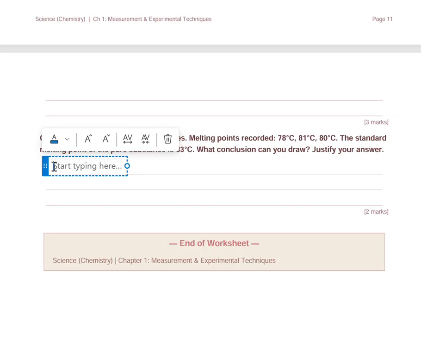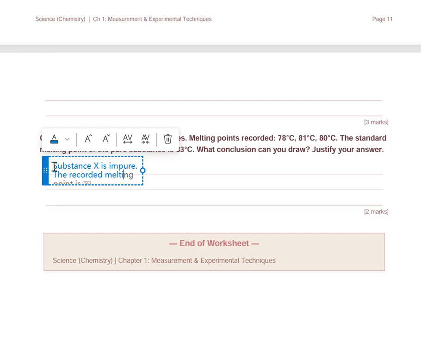My conclusion is that substance X is impure. Why? Because its melting points are all different. They're similar, but still different. If it was pure, everything would be the same. Let's write it in a more scientific form.